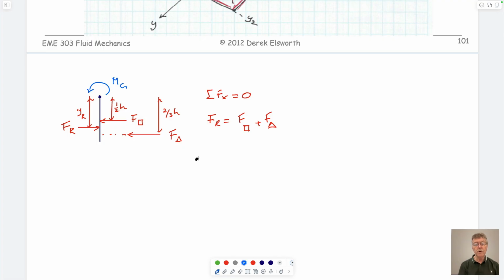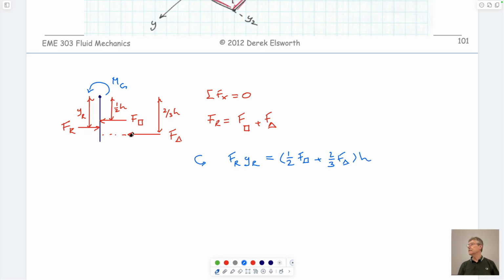and so if we take moments, what do we get? We get, going in the counterclockwise direction, FR YR equals a half F square plus 2 over 3 F triangle, both multiplied by H, right? Just multiplying these.